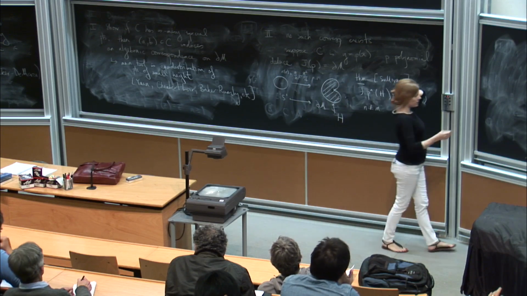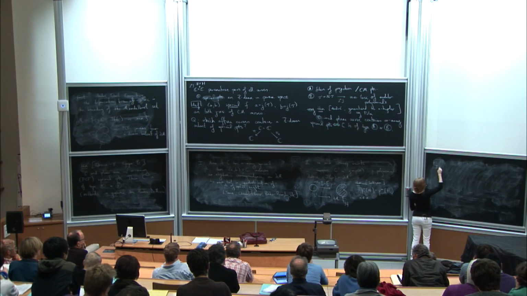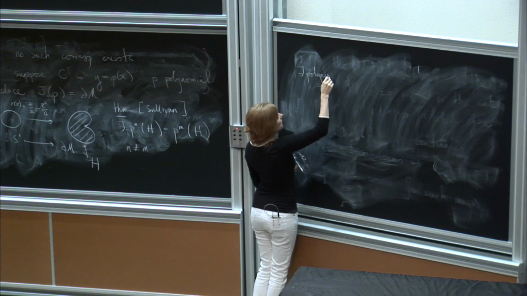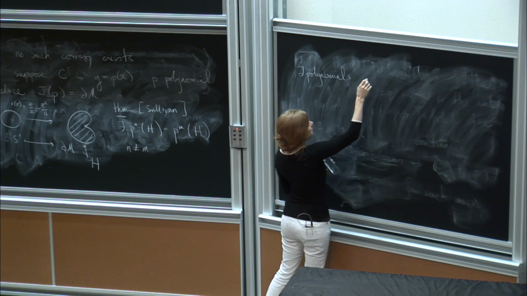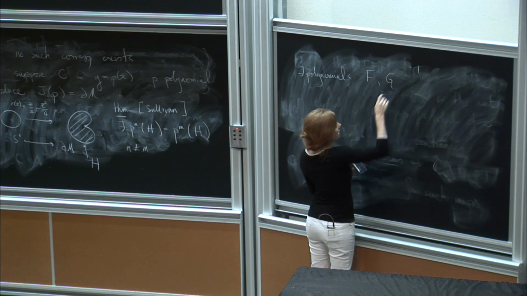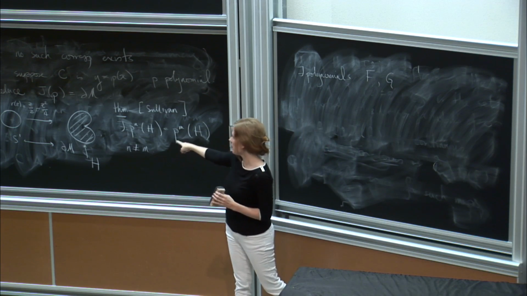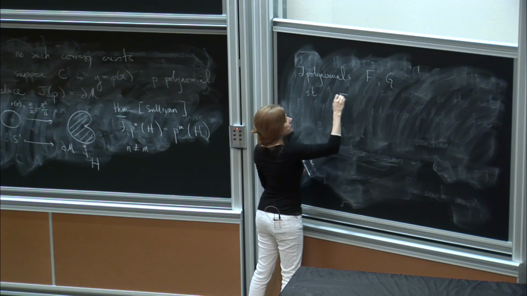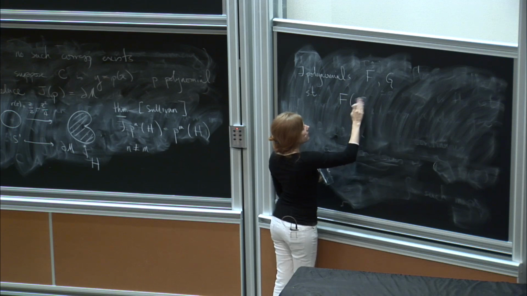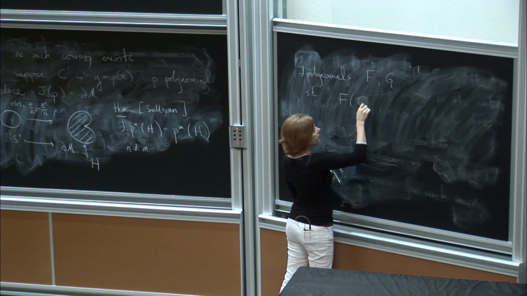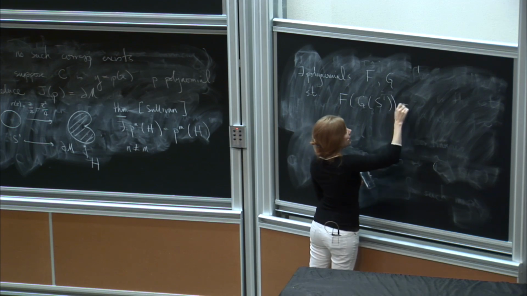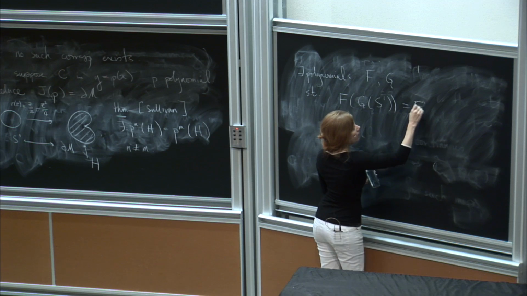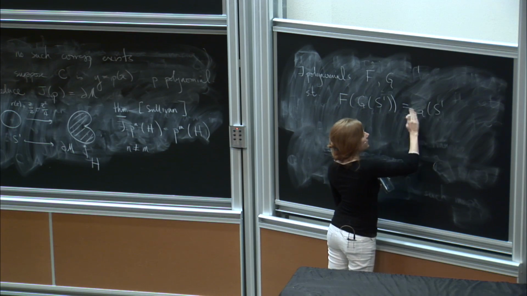In other words, there exist polynomials, say big F and big G. I'm just defining these things to be iterates of P composed with R, such that F of G of S1 is equal to G of S1.